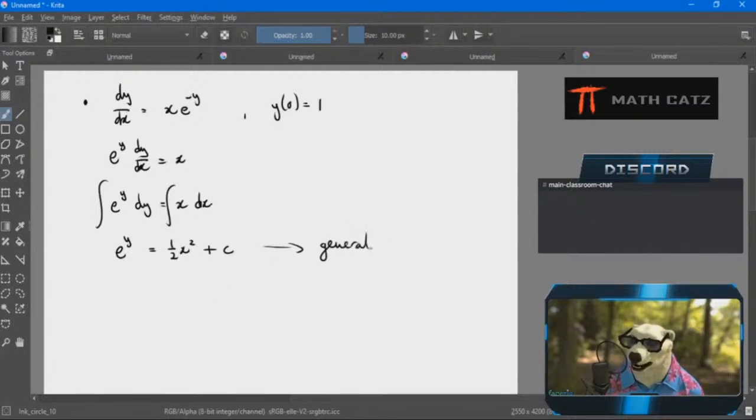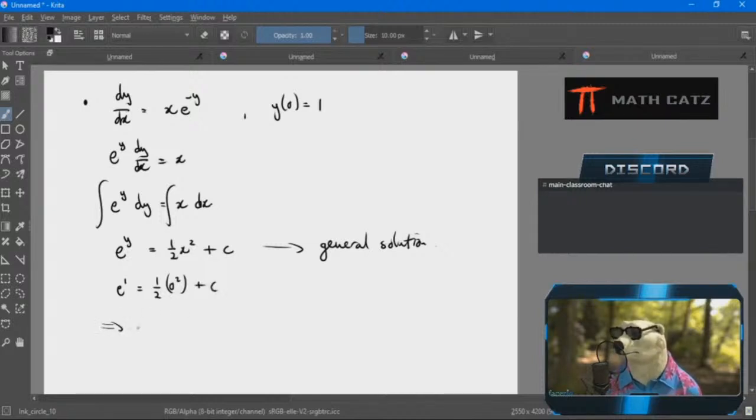solution. General solution. Then I'm going to use my information that says when x is 0, y is 1. So e to the 1, x is 0 over there.